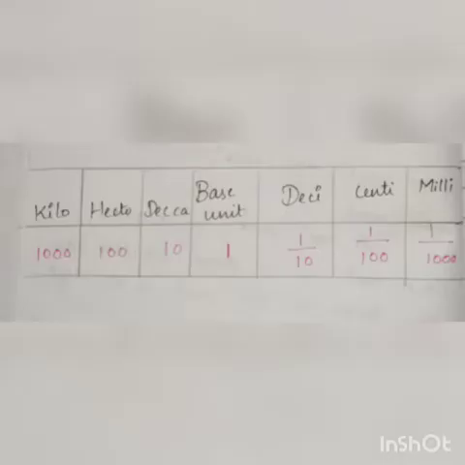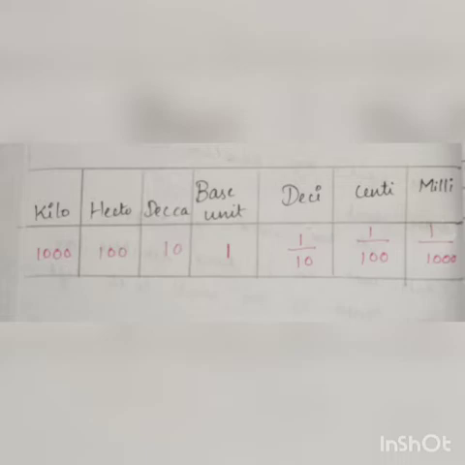I already told you that base unit will be in the center, right? And smaller units will be on the right side and bigger units will be on the left side. So, if you are shifting from base unit to deci, you are shifting only one time towards the smaller side. Right side means smaller side.